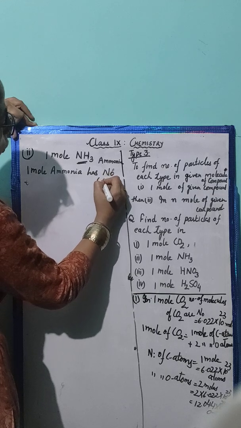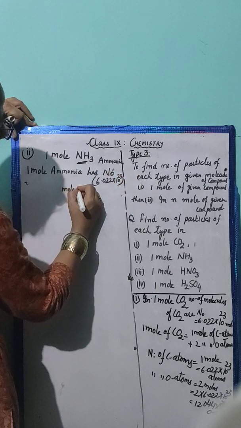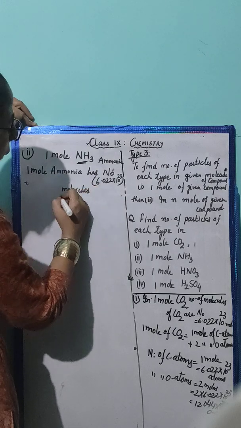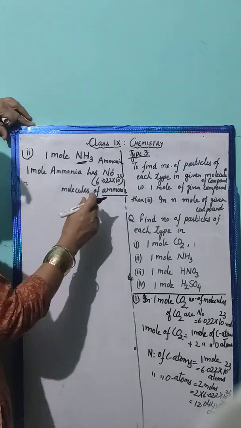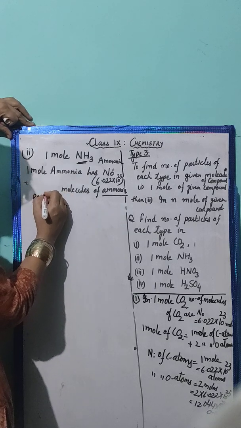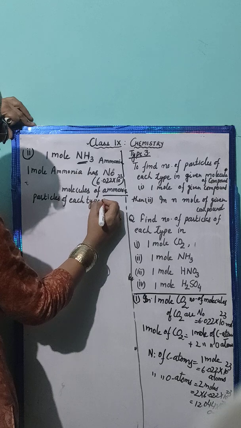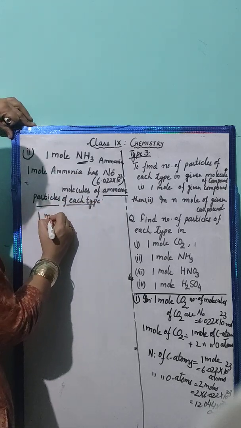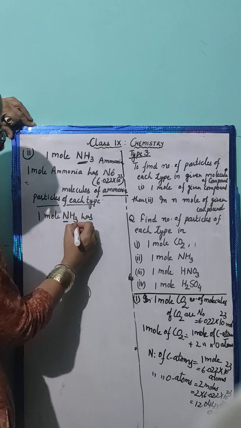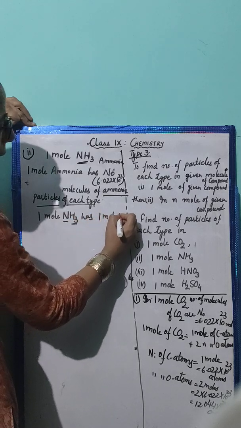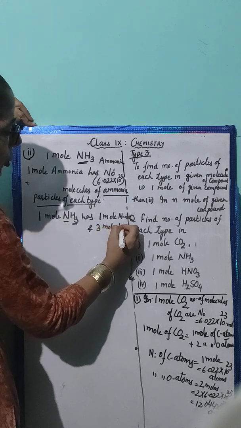N naught means 6.022 into 10 to the power 23 molecules of ammonia. One mole contains this many molecules of ammonia. But we should not end here. We have to find particles of each type. So 1 mole NH3 has 1 mole N atoms and 3 moles H atoms.